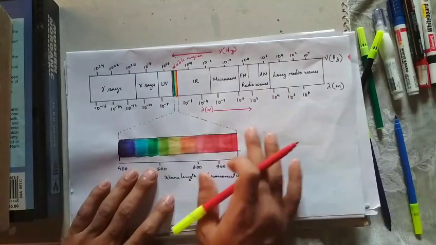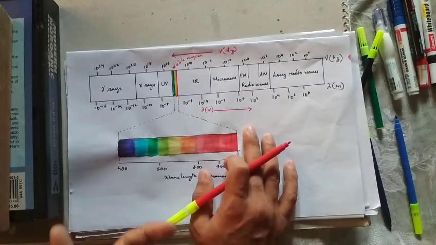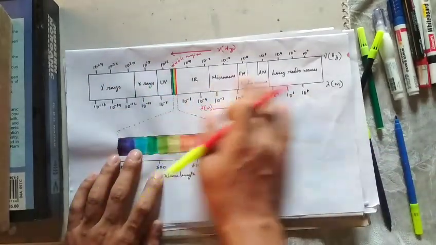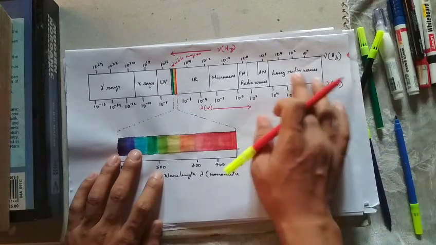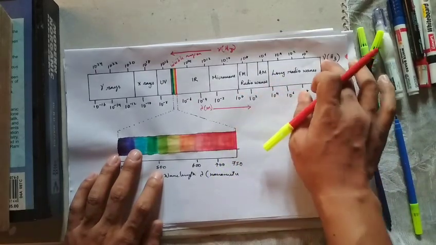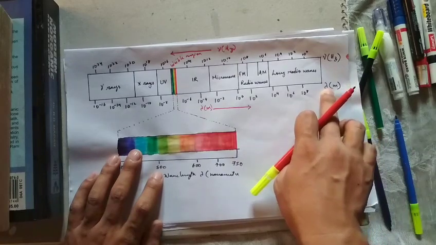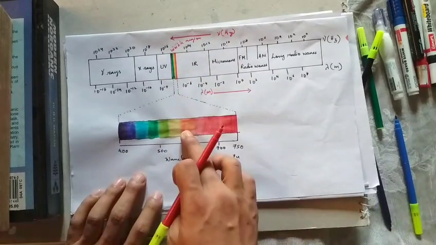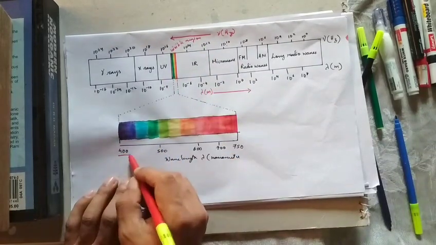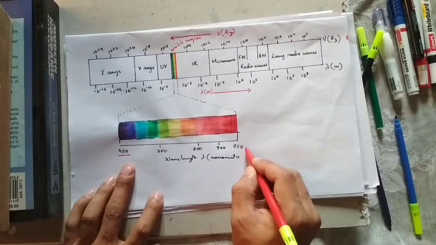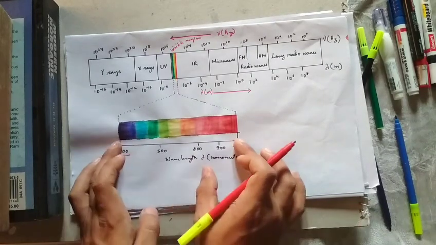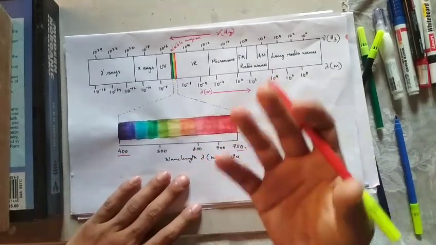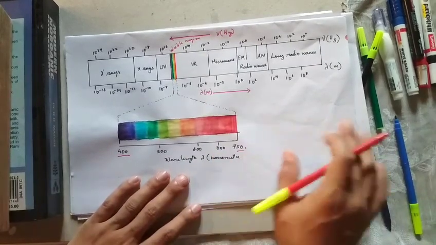The rest are invisible to our naked eyes. And the visible region is from 400 nanometer to 750 nanometer. That is why we are able to see the visible light with our naked eyes.